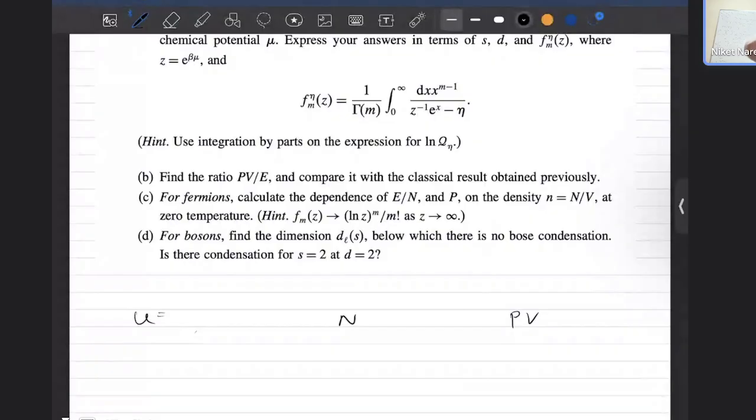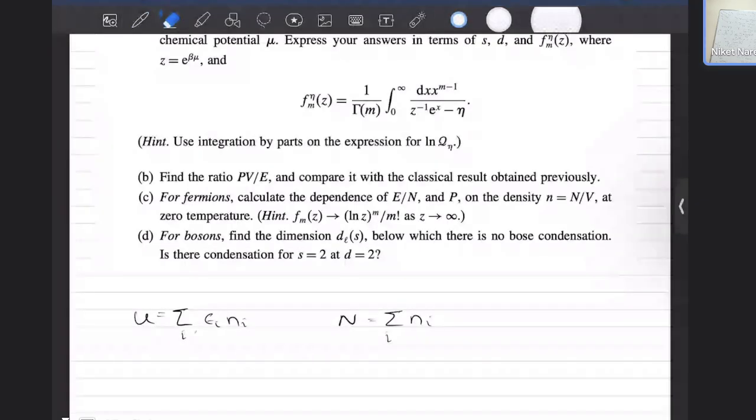This is what we want to do in the first place. For that, U is just simply the integral over, say, sum over i of epsilon i n i, right? N is just simply the sum over n i. And PV is something that we will see later.